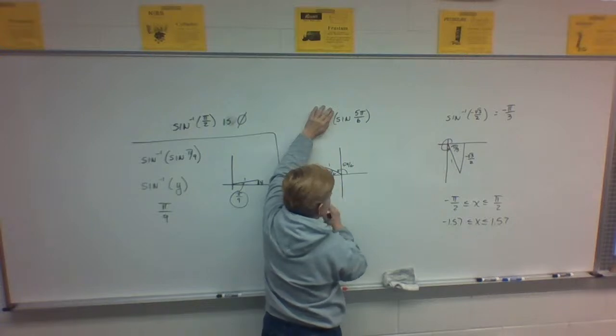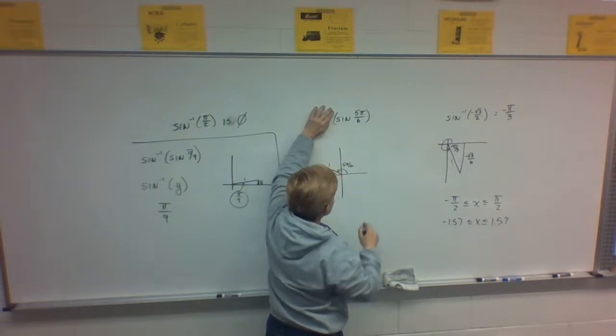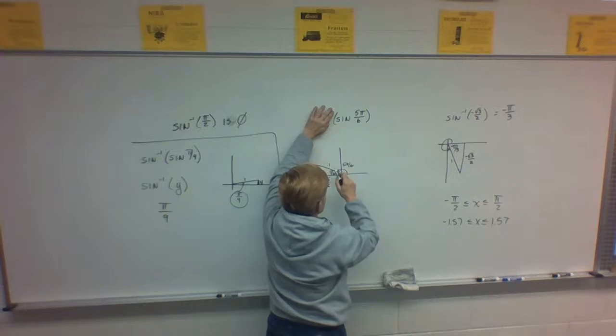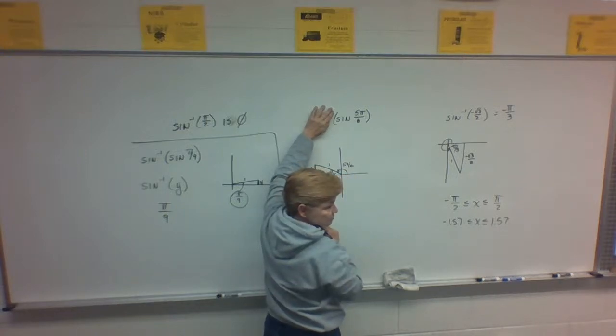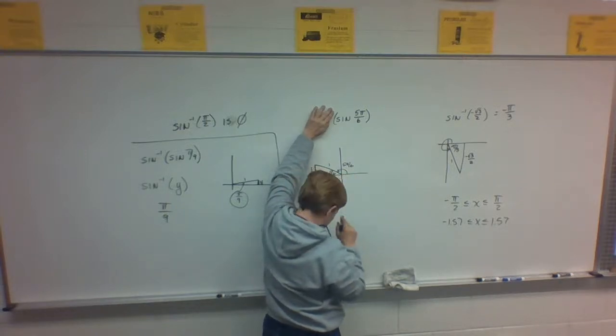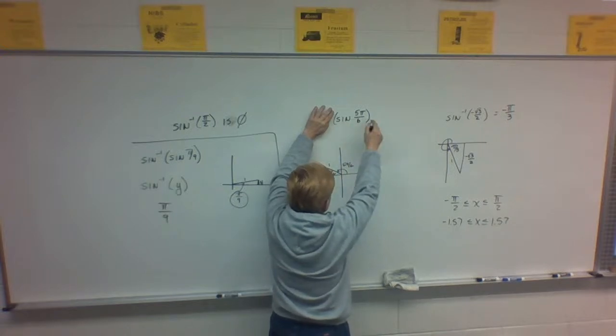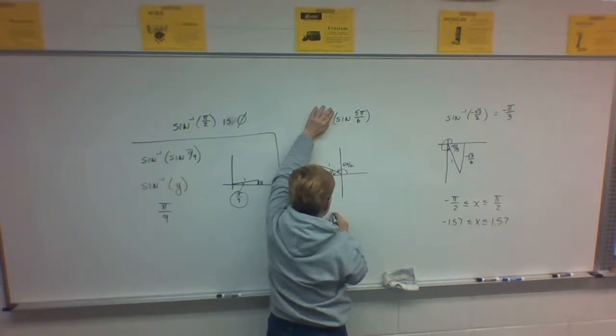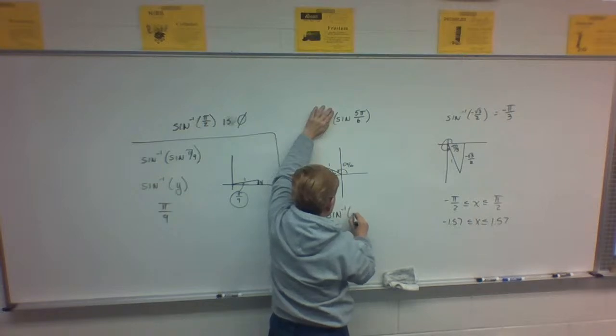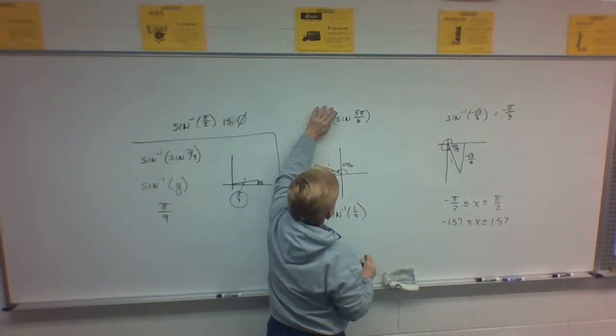Not that it's going to become important, because the sine is all about this. So the sine of 5 pi sixths is 1/2. So this right here gets replaced with 1/2. So now I'm inverse sining 1/2, because this turned into 1/2.